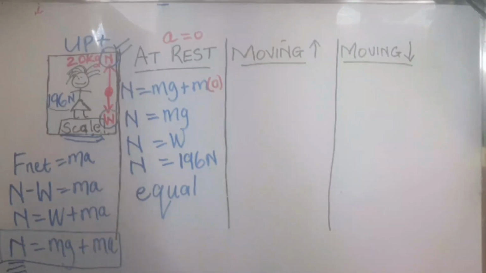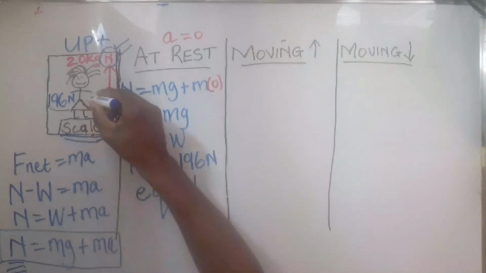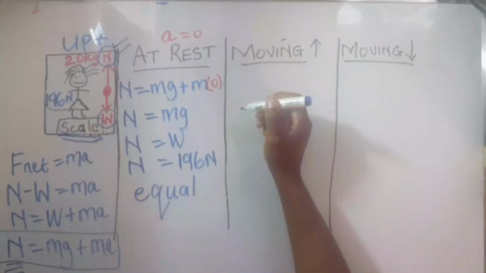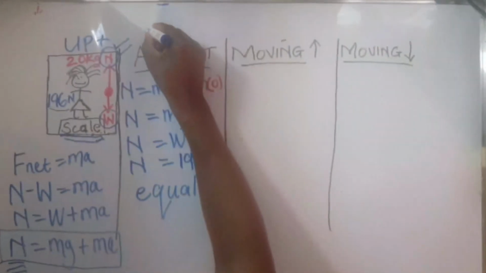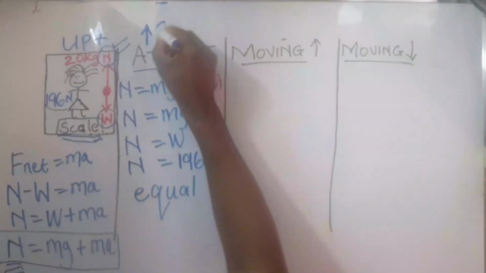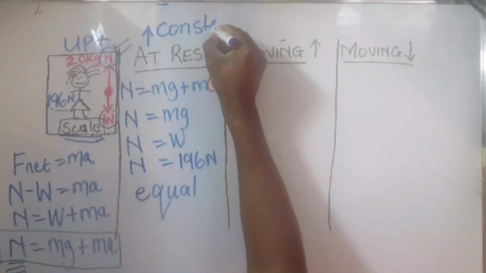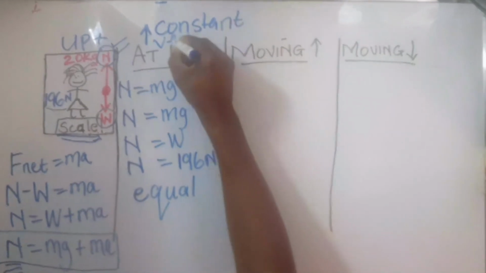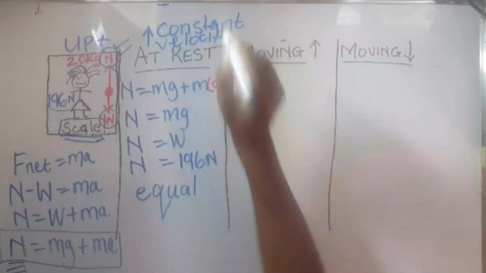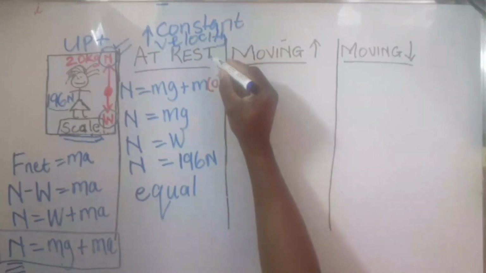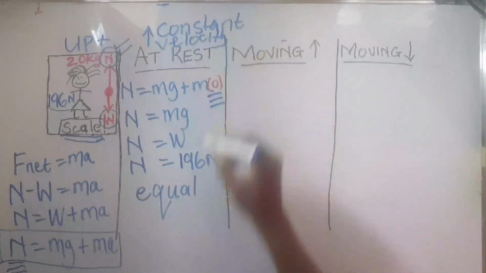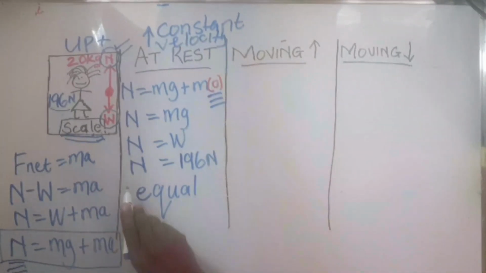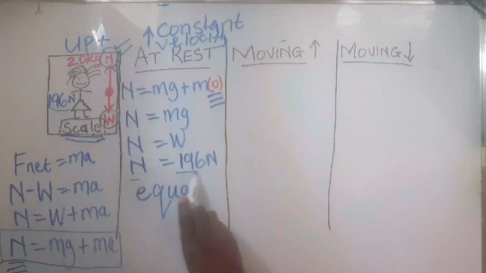what happens if a lift is moving at a constant velocity? Let's say the lift is moving upwards, but at a constant velocity. Still, we know the acceleration will be 0. That means the normal force, which is the reading of a scale, will still be equal to the weight.